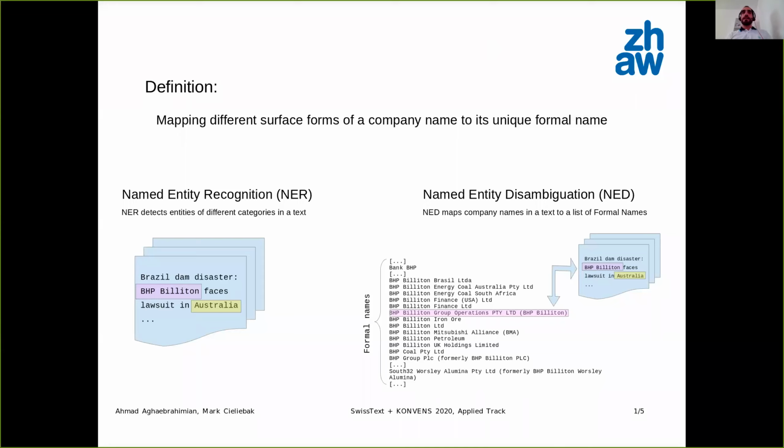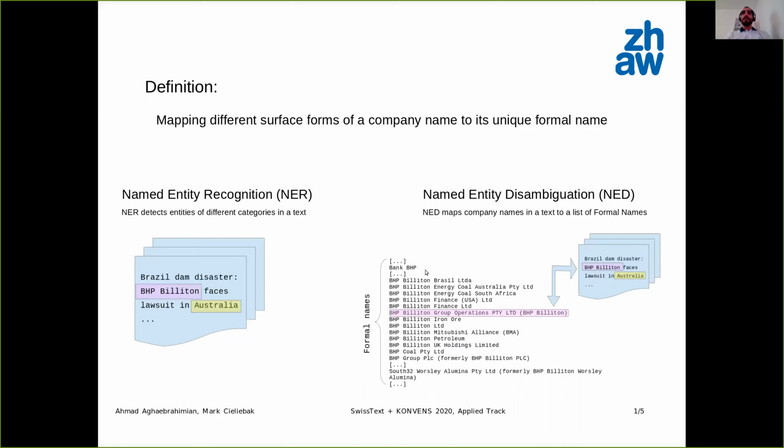The idea is that we have hundreds of thousands, probably millions of articles. In the first step, we need to go through all of them to extract the named entities. Since this is company name detection and disambiguation, first we need to concentrate on the named entities of the type organization. Then we need to map each of these named entities to the real formal name.